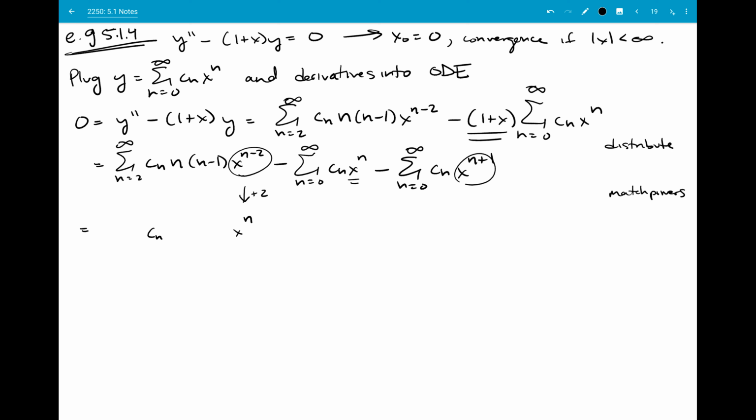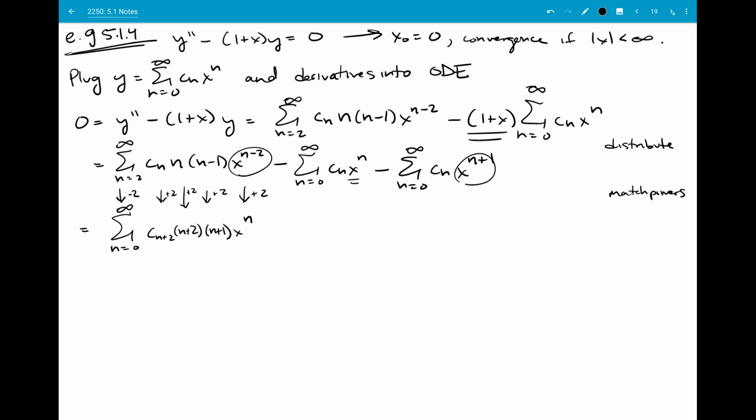So this is going to give me c_(n plus 2) times (n plus 2) times (n minus 1 plus 2, which would give me n plus 1). The sum doesn't follow that rule, it does the opposite. So n equals 2, subtract 2 takes me down to n equals 0, to infinity.